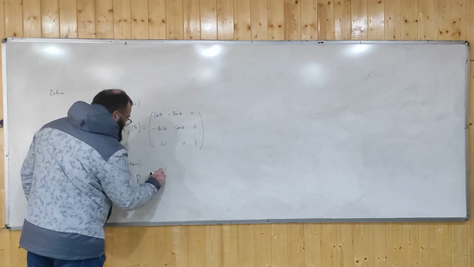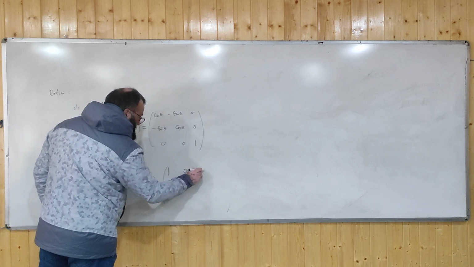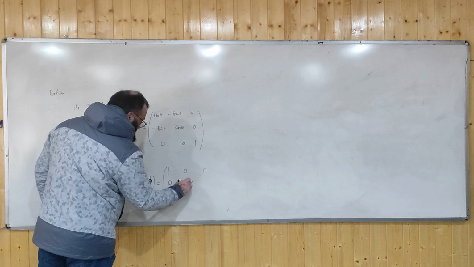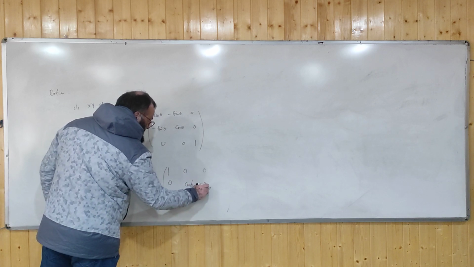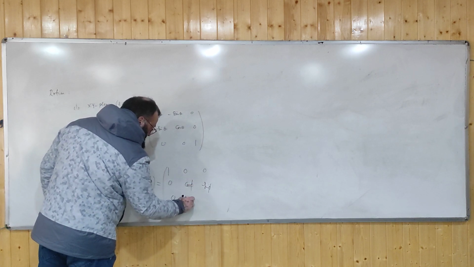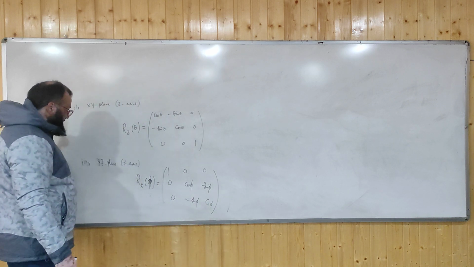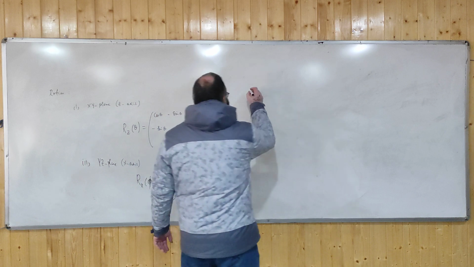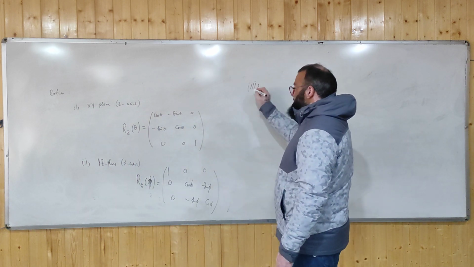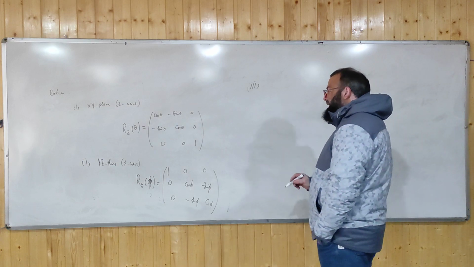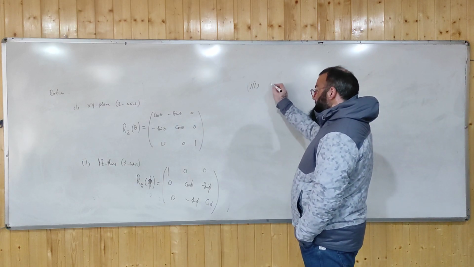That's equal to identity, 0, 0, 0. Then cosine of phi, sine of phi, 0, minus sine of phi, cosine of phi. Clear? So these are the possible rotations.